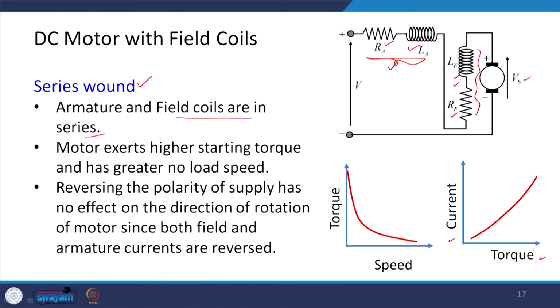In this case, the torque and current characteristic is going to be like this, and the torque and speed characteristic in the case of the series wound motor is like this. And this value, the starting torque, as I said, the motor exerts higher starting torque.